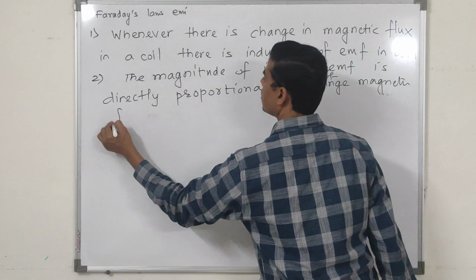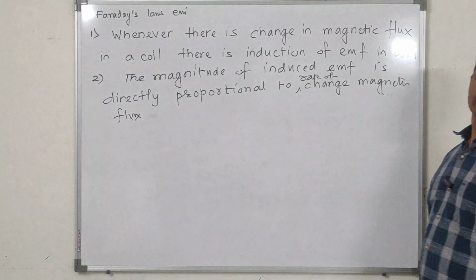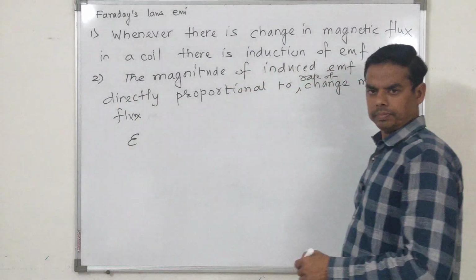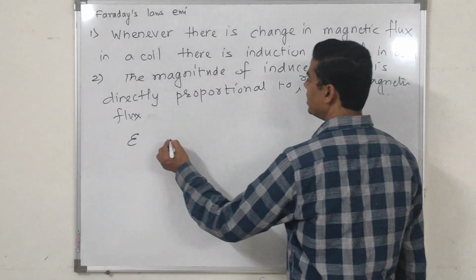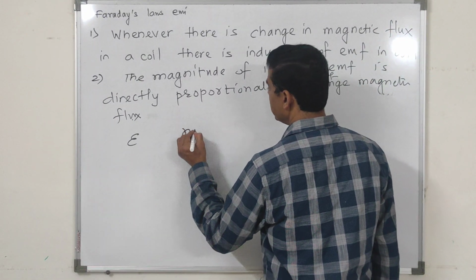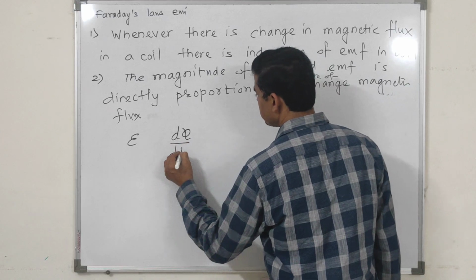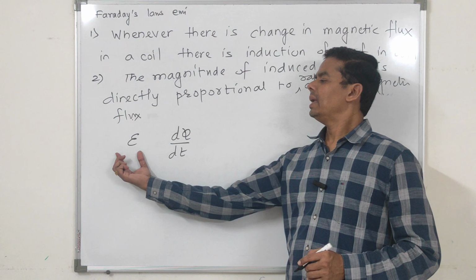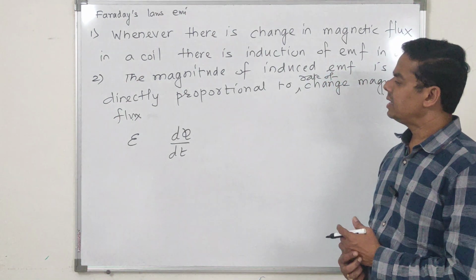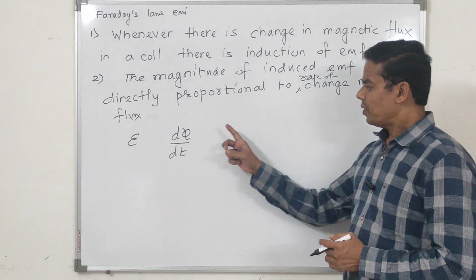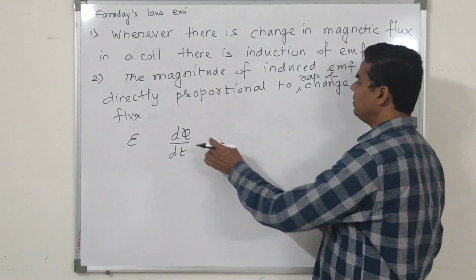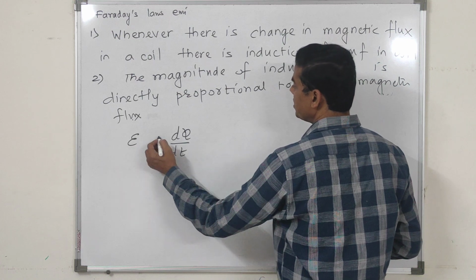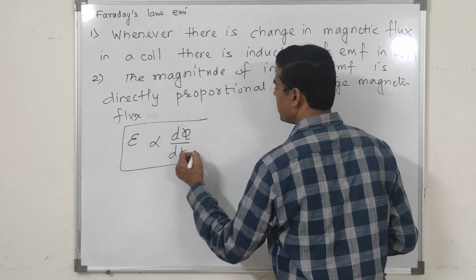Suppose that the induced EMF is represented by the letter epsilon, magnetic flux is represented by phi, and the rate of change of magnetic flux is represented by d phi by dt. So the induced EMF is directly proportional to the rate of change of magnetic flux.